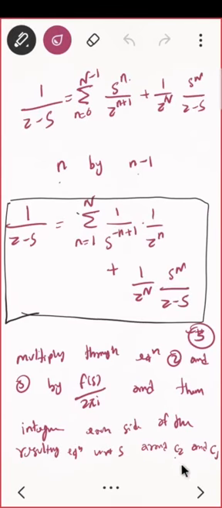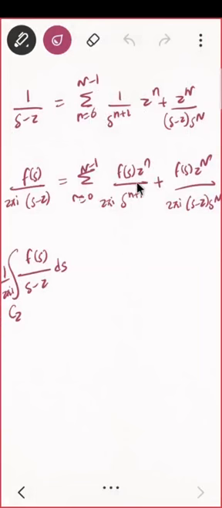So what is this giving me? It is giving me this term. I may write this as summation n equal to 0 to n minus 1, and that is f of s upon s raised to n plus 1. I'll just call this en.